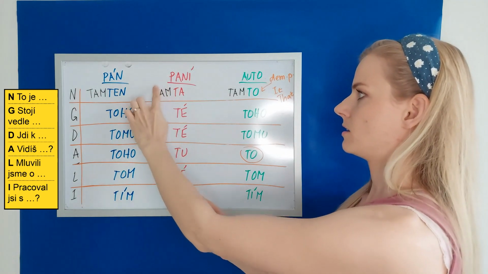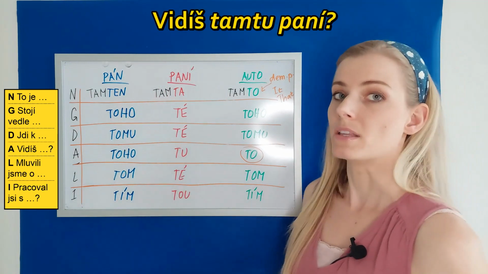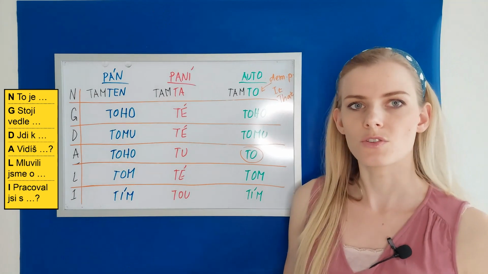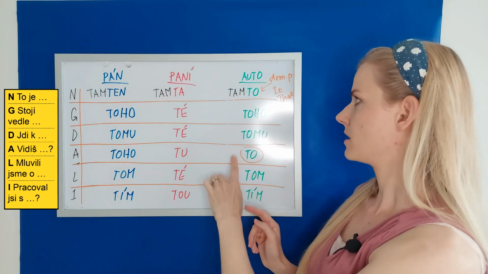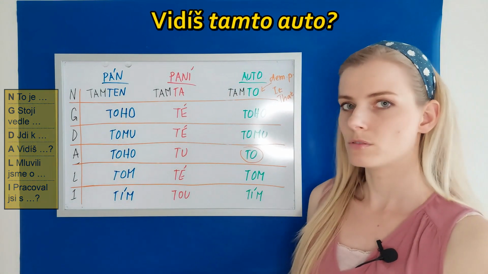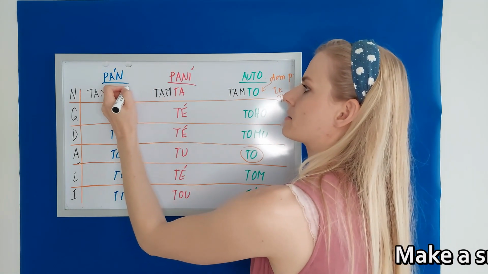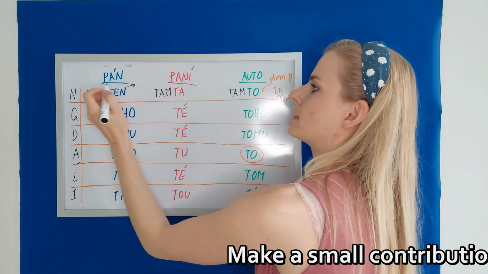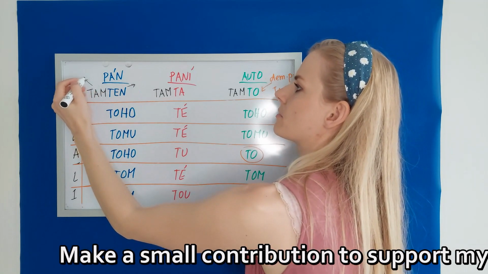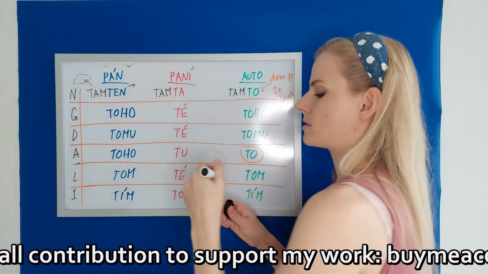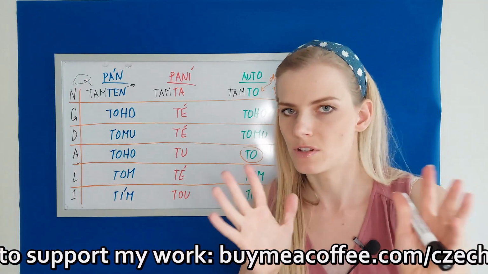Vidíš tam tu paní? Do you see that car over there? Vidíš tamto auto? See? Very easy. So remember, ten is pointing at something further, and tamten would be pointing at something over there. It's a little bit less specific location.